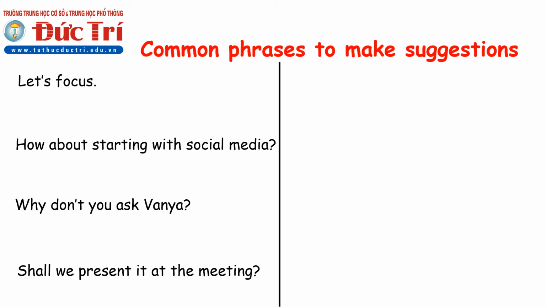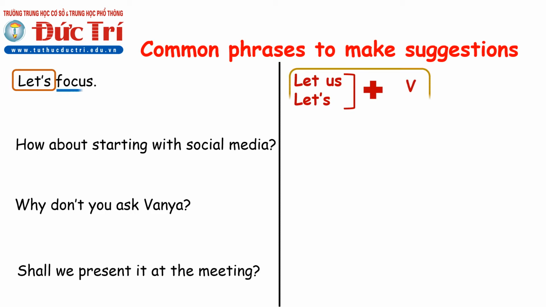We have some common phrases to make suggestions. How about starting with social media? Why don't you ask Vanya? Shall we present it at the meeting? Do you recognize the form? Let us or let's go with the bare infinitive.